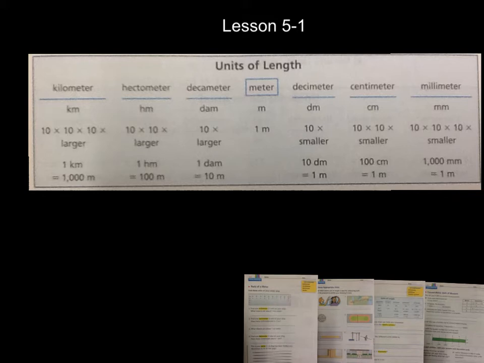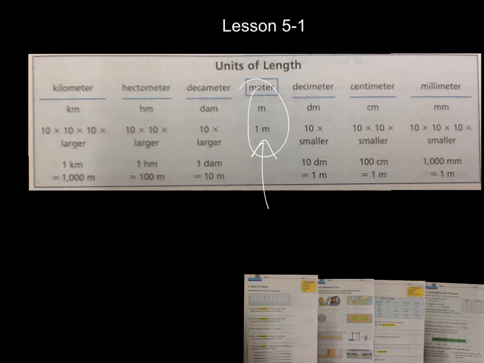So the standard unit of length is the meter. Sometimes you'll hear it called decimeter, centimeter, millimeter, decameter, hectometer, and kilometer. I should probably look those up to see how to pronounce them. But anyways, 1 meter.